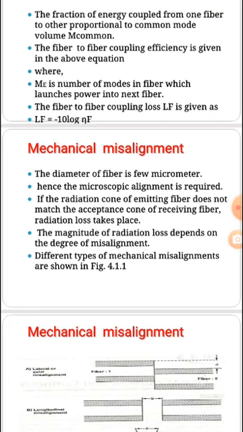The magnitude of radiation loss depends on the degree of misalignment. Here, the prime importance in optical communication is the distance of communication. The available power which is transmitted should reach the destination. Due to many splice connections and temporary connections, that might be LED, that is a transmitter to fiber, or fiber to detector, there may be many repeaters in between.